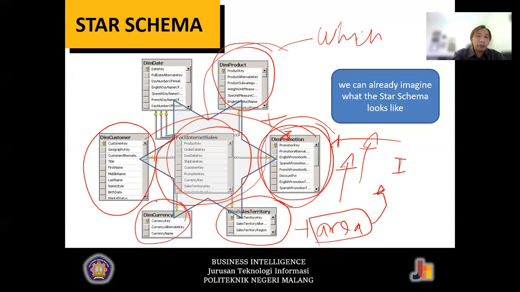And let's say the currency, what kind of currency we use during those promotions. So it is a very flexible and reliable concept if you want to explore more information within the data.